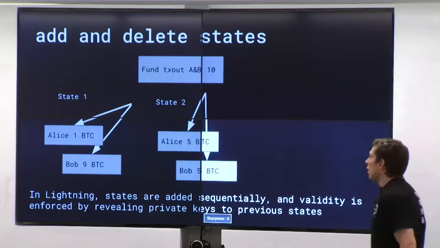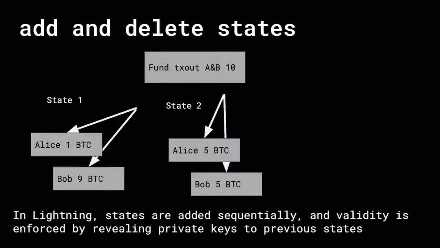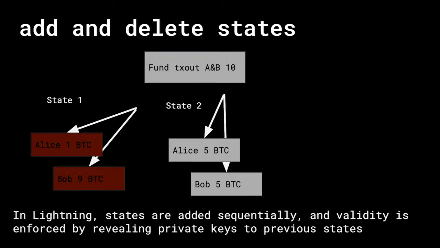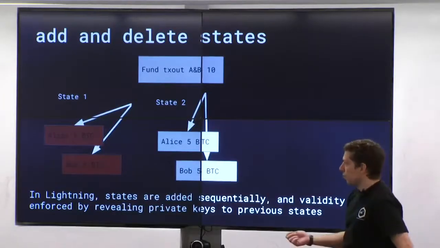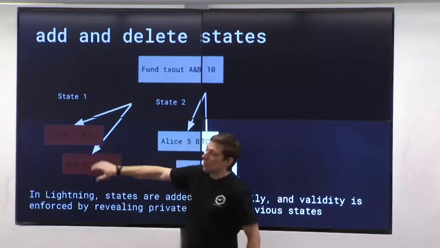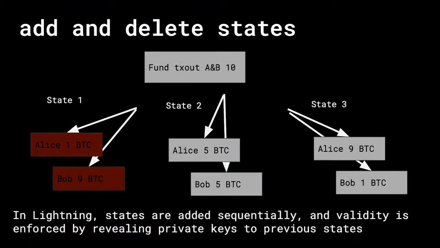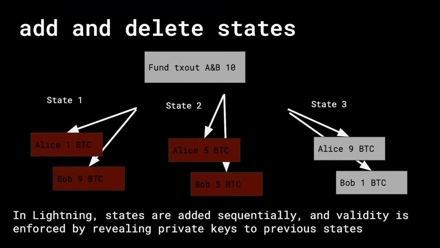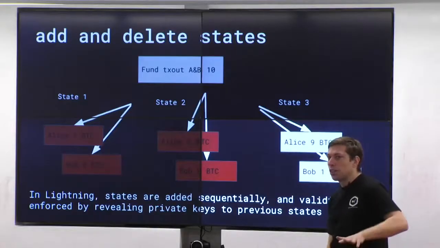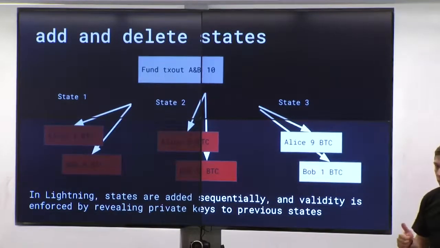They build a new transaction together where Alice has 5 coins and Bob has 5 coins. And then they revoke the old one by sharing these secrets, right? So now, since they both handed each other these revocation private keys, both of these parties cannot broadcast this. If they do, the other party takes all the money, right? And then you can build these indefinitely. Okay, so any questions about that? That was covered last time, but it can be complicated. Questions? Good?